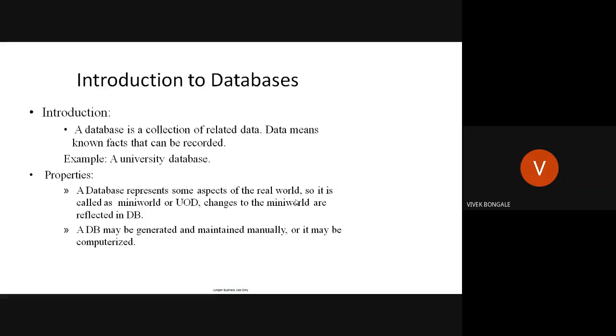What is the advantage of using a database system? Basically, earlier they used many manual methods to store the data and to manage the data, but it may get lost somewhere, or we may lose the data. In order to retrieve the data in the manual format, it is very hectic.